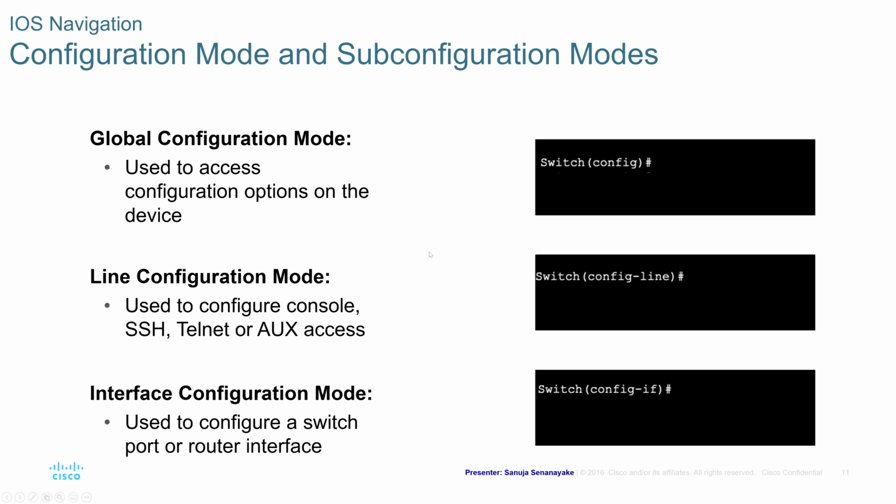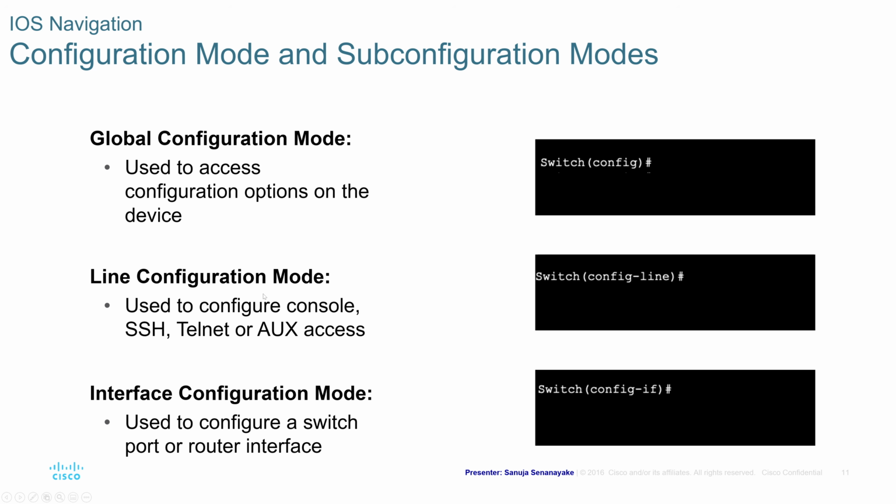The configuration mode and sub-configuration modes allow you to do different setups, different entries on your Cisco IOS device. The global configuration mode, which has this number sign, is used to access configuration options on the device.